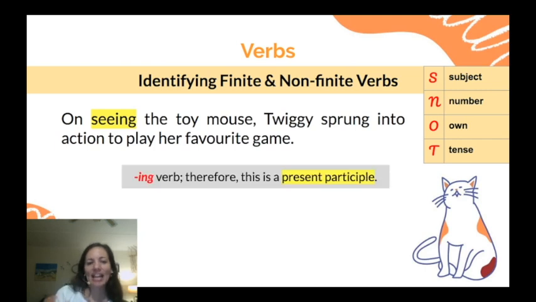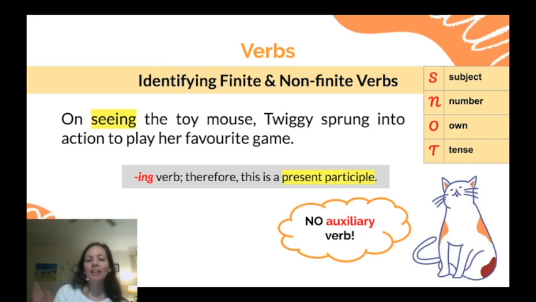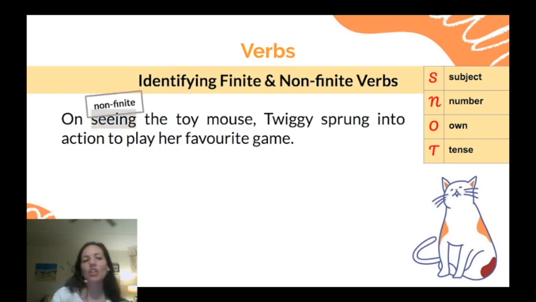Well, it ends in -ing, so it must be a present participle. And remember, we said it can't be the main verb in the sentence if it doesn't have an auxiliary or helping verb. So is there a helping verb there? Nope. So in fact, I just have a non-finite verb in "on seeing the toy mouse." And if you said that on its own, you'd know it feels like there needs to be more information. So let's move on.